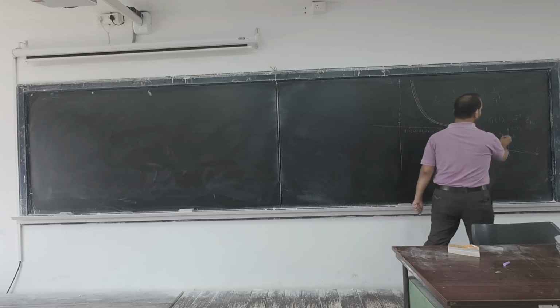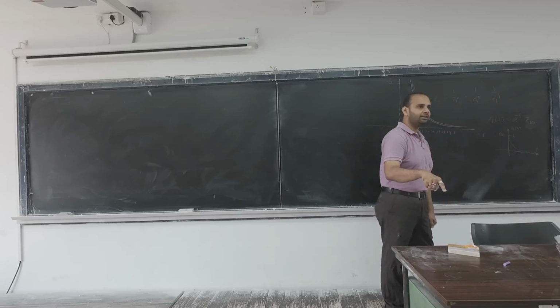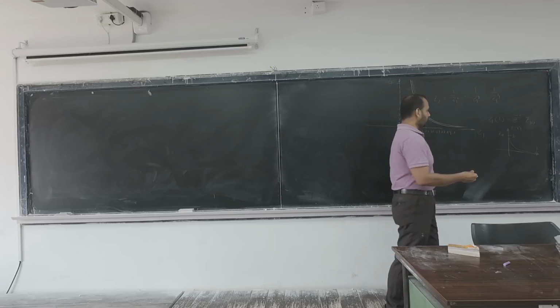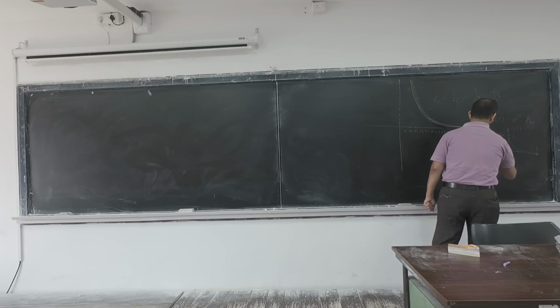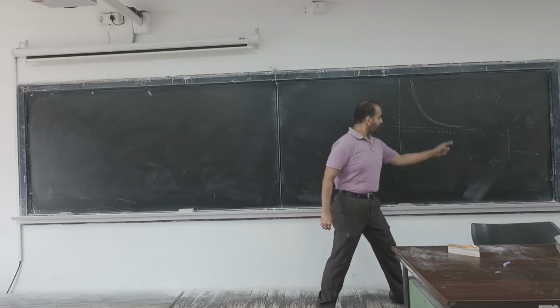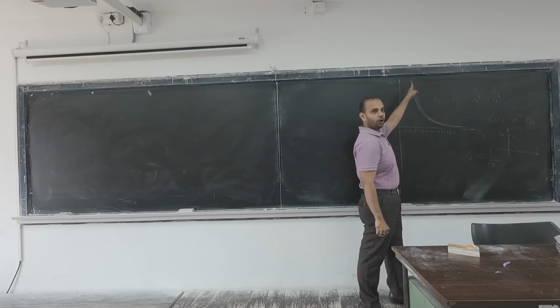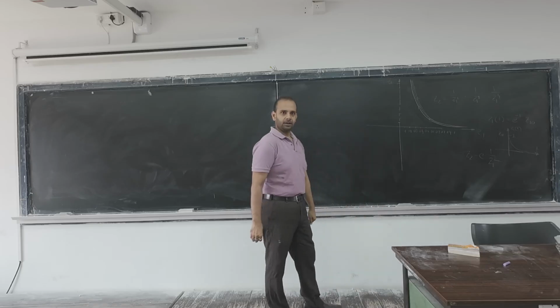Already the z1 values are less than 1, so z1 square would be further less than 1, and then 1 by z1 square, because your z2 is c by this one. So that's why it is the rising nature, and the direction would be like that, isn't it?